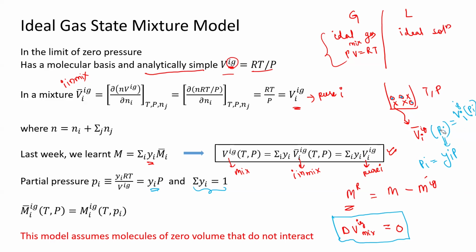This Vi IG bar is defined at temperature T and the overall pressure P, but it is taken as equal to the molar property of the pure species at Pi in the ideal gas model, right?